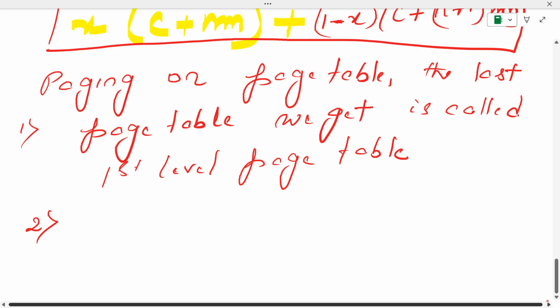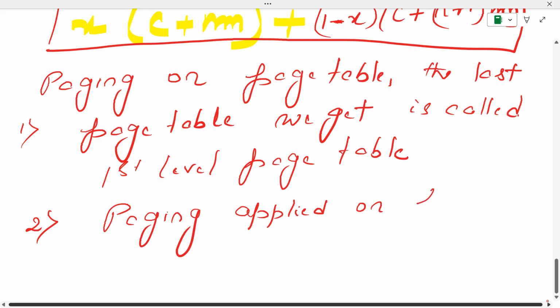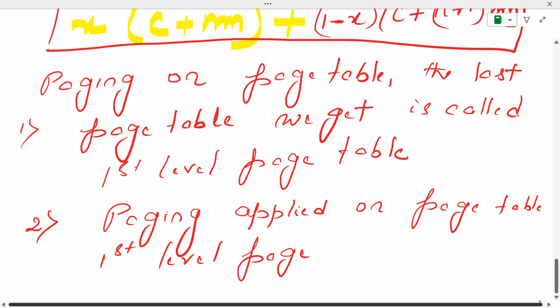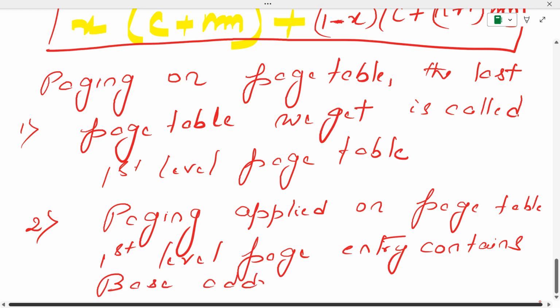The second point is that in multi-level paging, when paging is applied on the page table, the first level page table entry contains the base address of the second level page table.